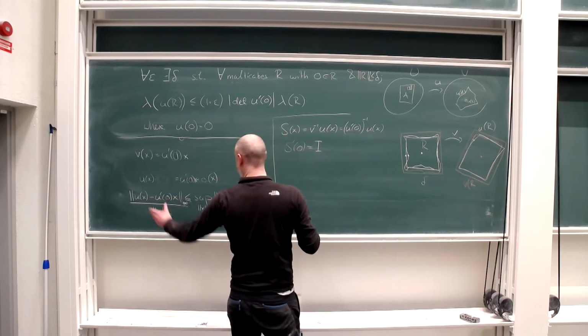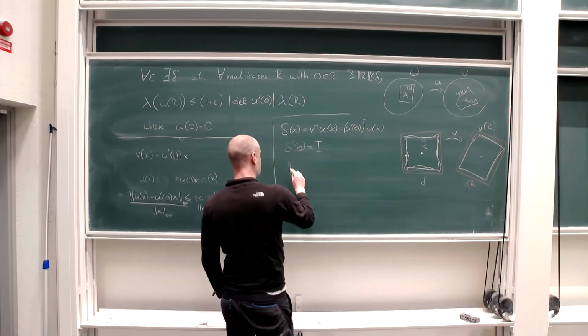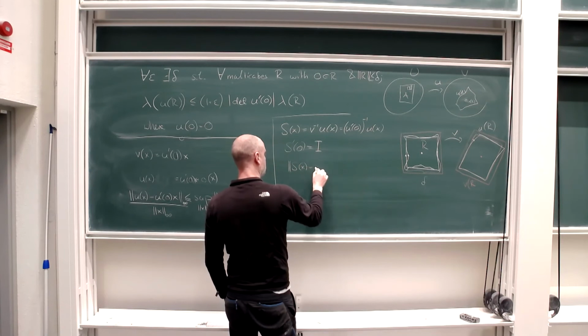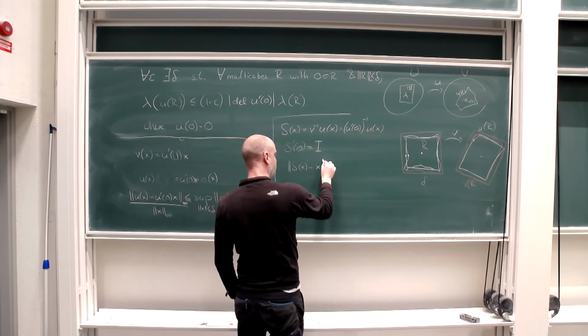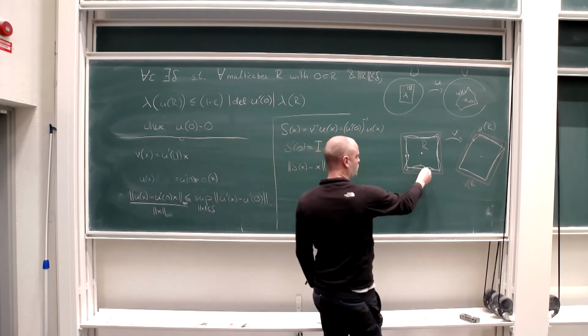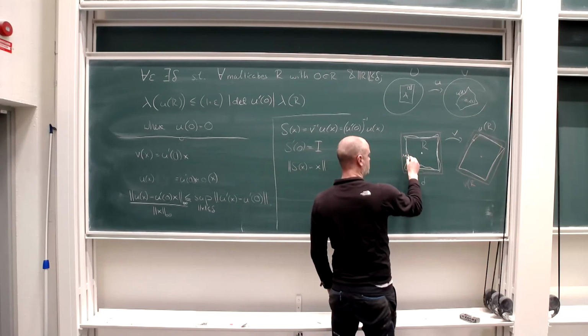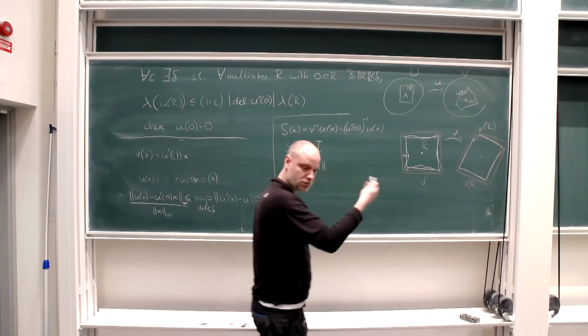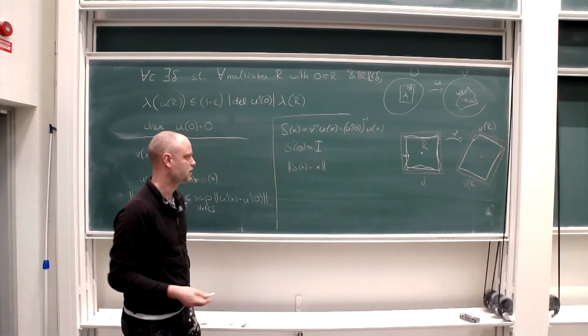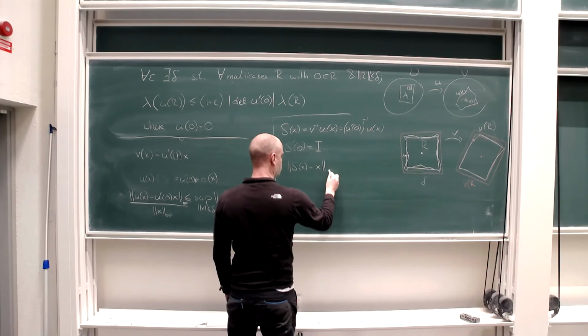So the corresponding formula here tells me that S of x minus x itself, and this is what I want. When I go around here, I have some point x, and I want to know how far S of x is from x. I don't want any transform in there. And that's what I'm getting here.